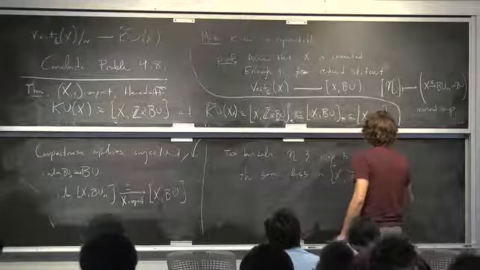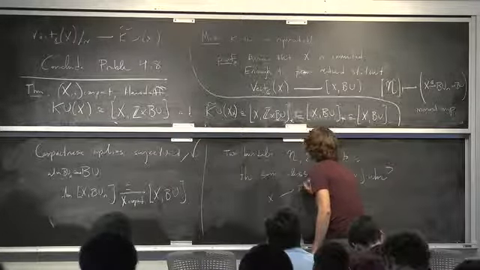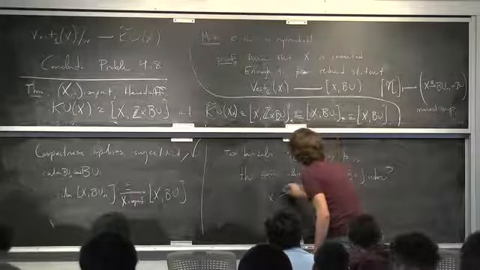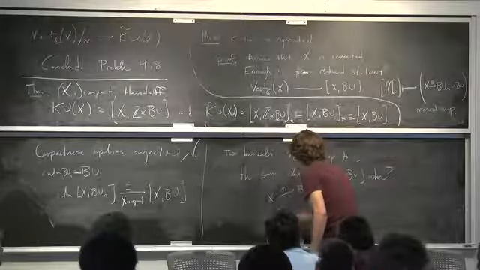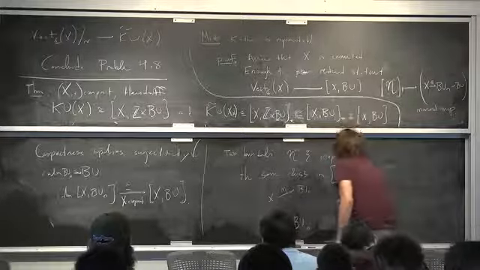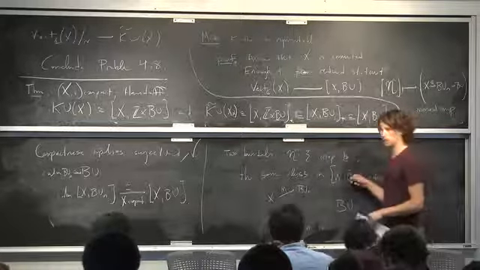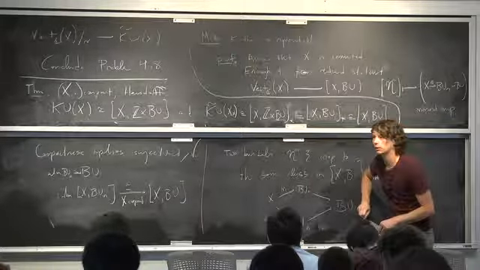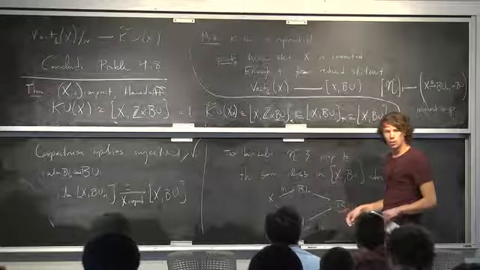I have X to BUM, this is eta. I have X to BUN, that's classifying psi. And I'm saying that they map to the same class here. So since I'm up to homotopy, I get a commutative diagram like this. These are the natural inclusion maps. Okay? So what does this mean?